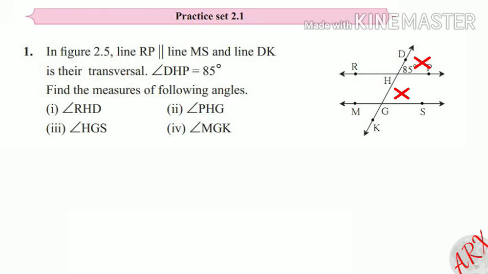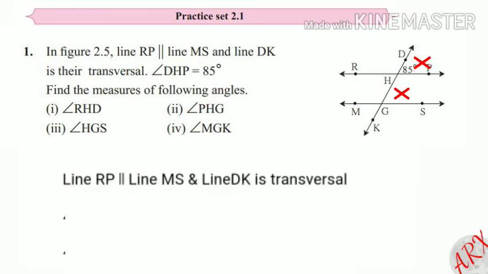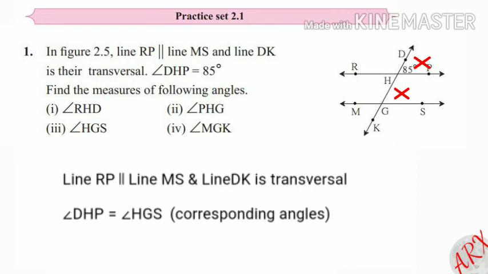If we observe, line RP parallel to line MS and line DK is their transversal. Hence, angle DHP and angle HGS are corresponding angles. Hence, angle DHP congruent to angle HGS by the corresponding angle theorem. Hence, angle HGS equal to 85 degrees.